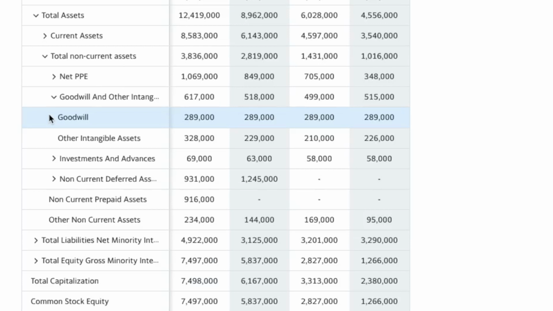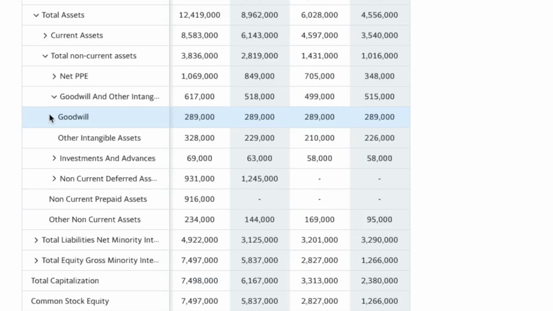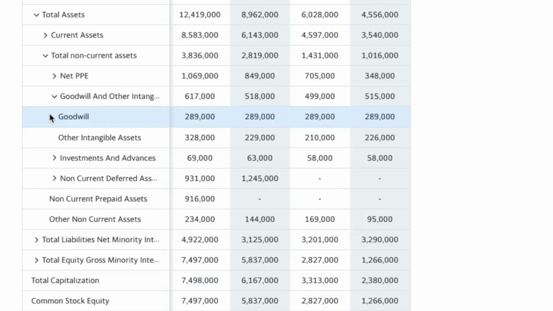They could pay more than the real worth of a company. So, for example, let's say a company wants to buy another company, and the worth of that company is $1 billion. But maybe the company will say, okay, we will pay you $1.2 billion, and that, let's say, 200 million would be the goodwill of the company.